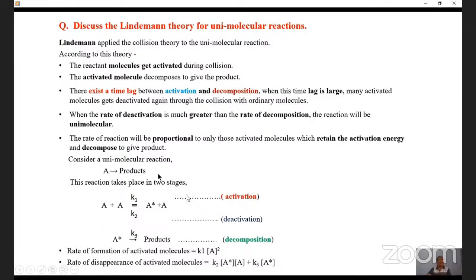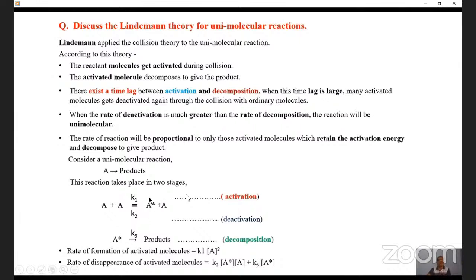Now consider a unimolecular reaction, A giving rise to product. The reaction takes place in two stages. In the first stage of this reaction, the reactant gas molecules present in the reaction mixture collide with one another, say with a rate constant K1. Out of these two molecules, one molecule gets activated.